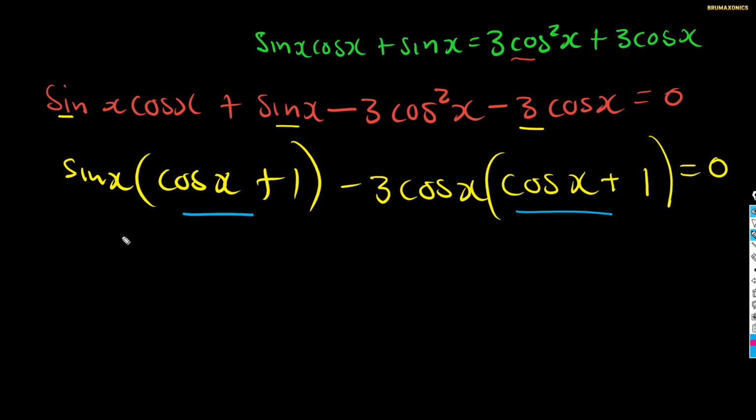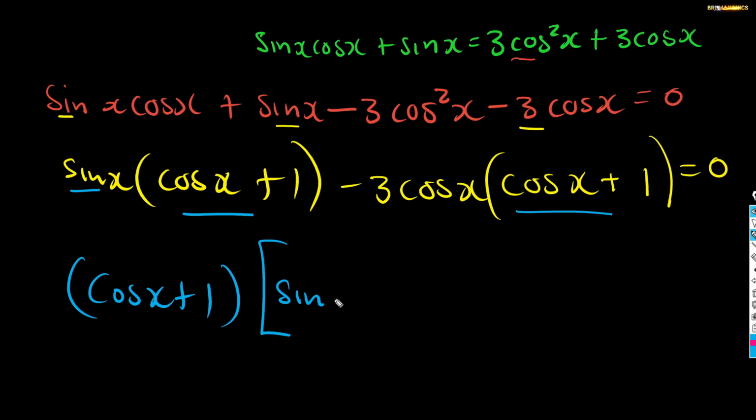So let me start by writing this common factor by just taking it out. Cos x plus 1, right? This is my common factor into the remaining equation, sine x minus 3 cos x, is equal to 0.